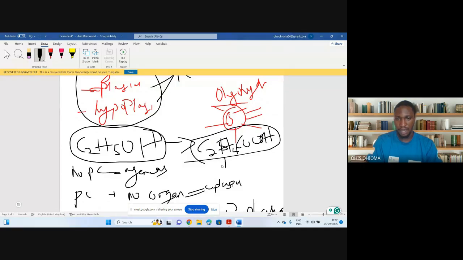And this compound can cross the placenta because it has a hydrophobic part, and then it goes to the fetus. The problem is that it is very teratogenic for cells. It inhibits the cell cycle.